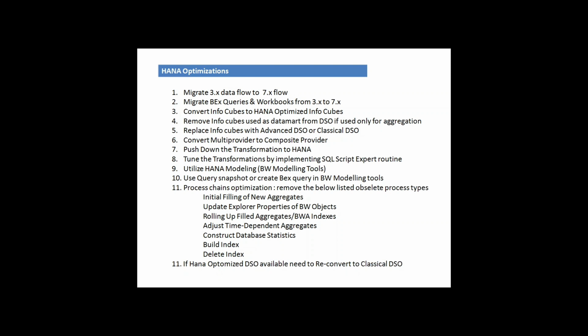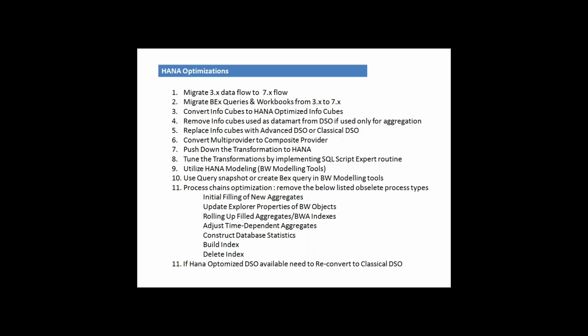If there is a cube with 120 characteristics, I can convert it to advanced DSO. But if it's more than 120, I can't handle it, because in a cube all characteristics must be primary key. And what is the maximum number of key fields, primary key characteristics, you can have in advanced DSO? Only 120.